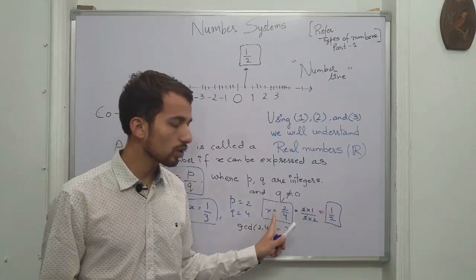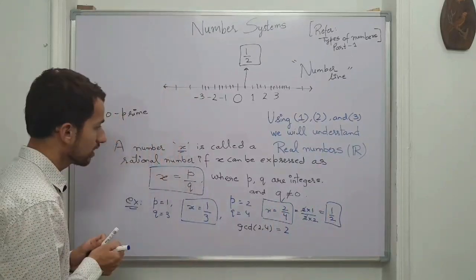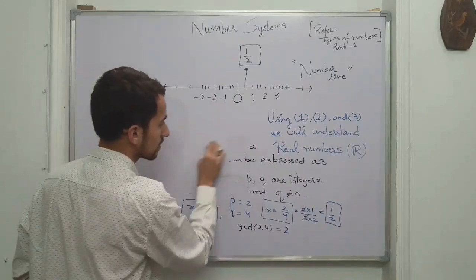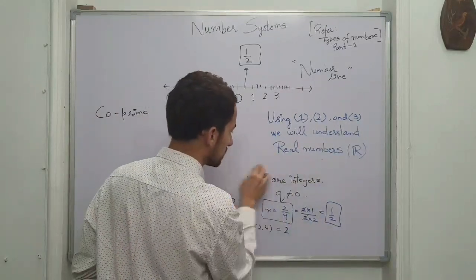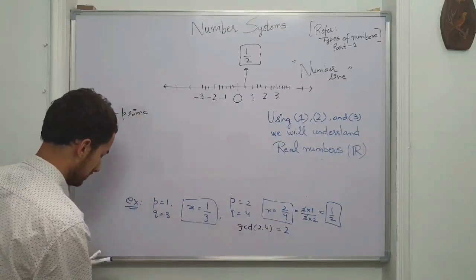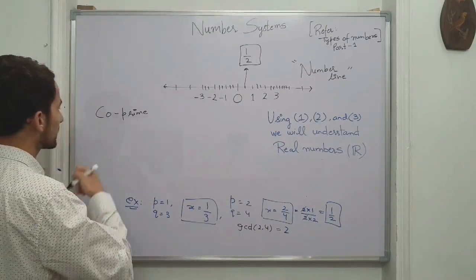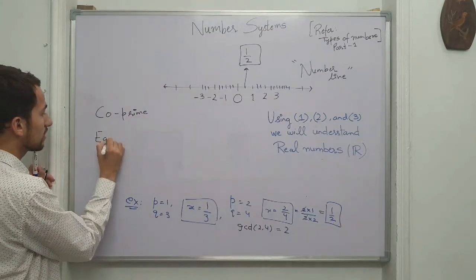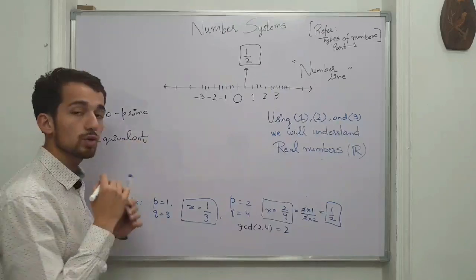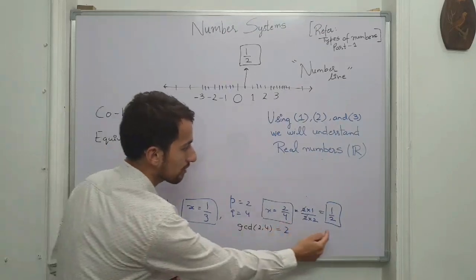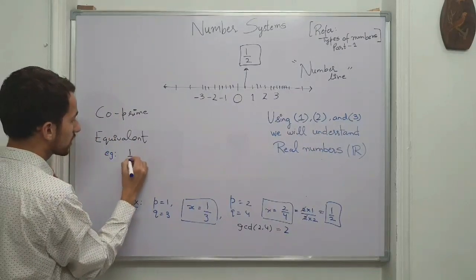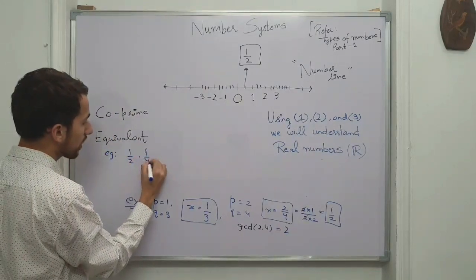They both will be called equivalent. One more thing, the term equivalent that I'm using: so this 1 by 2 and 2 by 4 are equivalent. This is such an example. 1 by 2 and 2 by 4 are equivalent.